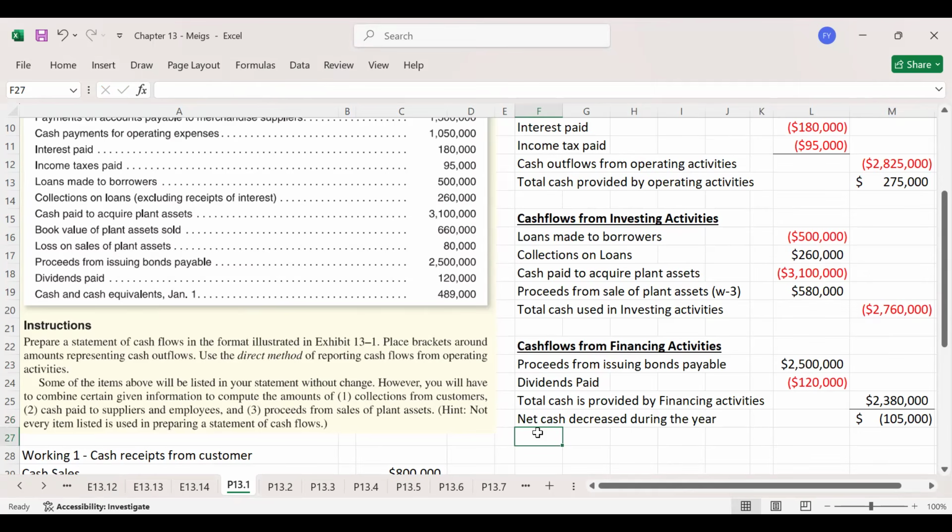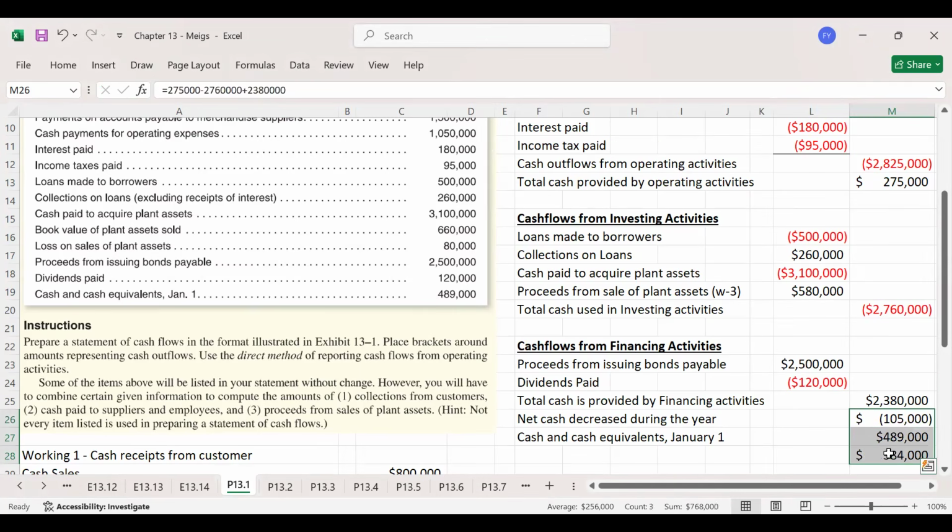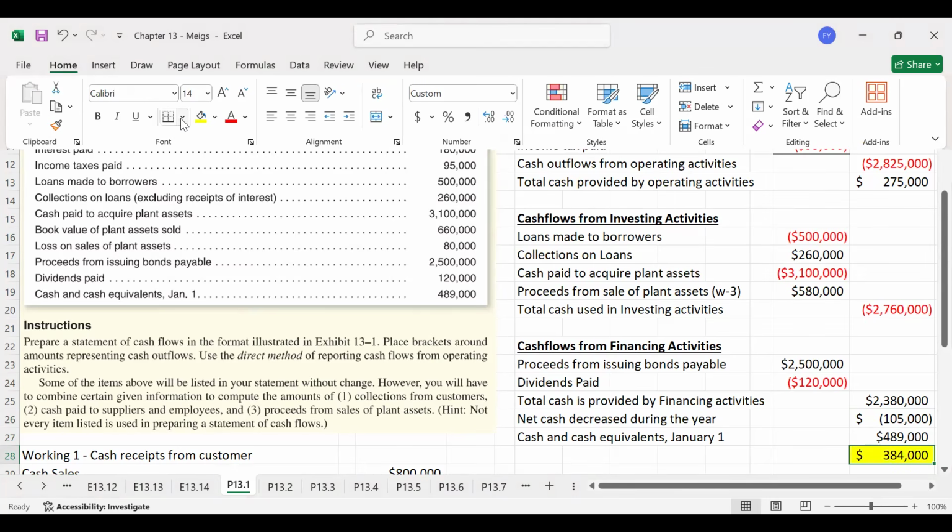This is cash and cash equivalent on January 1st, which is opening balance, which is $489,000. So when we add these two, we get $384,000.